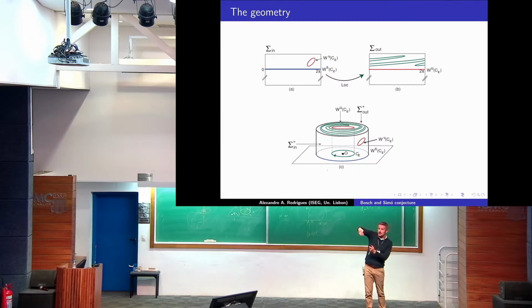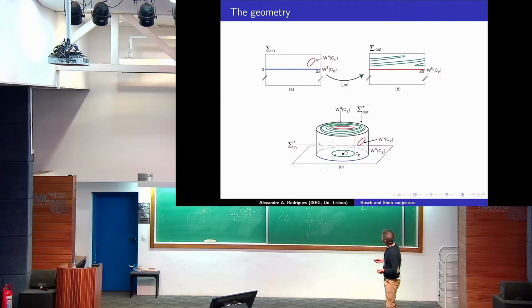When I compute the local map of this, it should give rise to a closed curve. And if this curve is very close to the unstable manifold, it will wind around this red curve, that is the unstable manifold of the periodic solution as well.